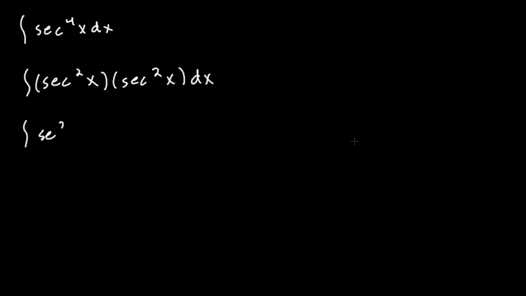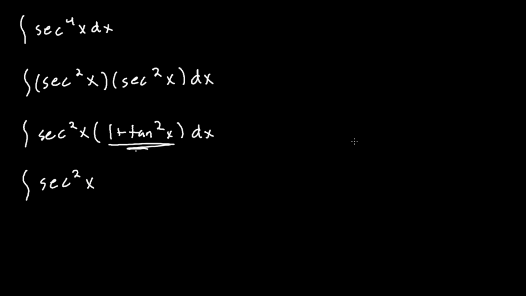But right now, we know that secant squared is equal to 1 plus tangent squared of x. This is the trigonometric Pythagorean identities. And we can actually distribute the secant squared into this parentheses. So secant squared times 1, and secant squared times the tangent squared.